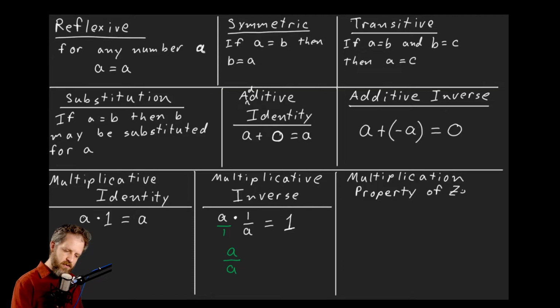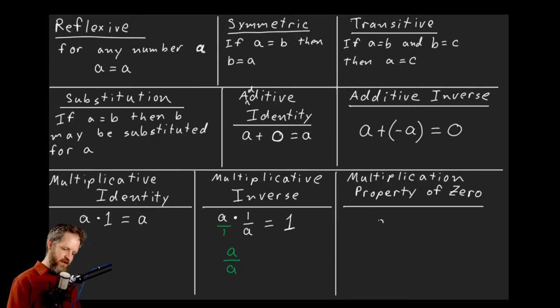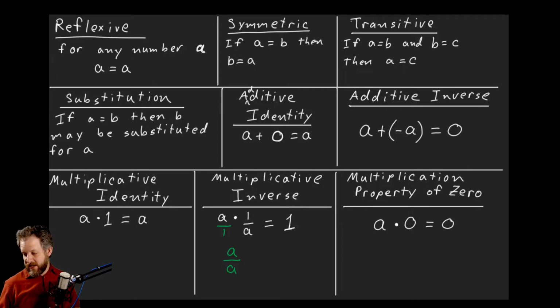Go ahead and write it out, that way you don't think that it's a multiplicative property. Multiplication property of 0, right? And that is if we have any number and we multiply that times 0, it equals 0. Easy peasy, lemon squeezy.